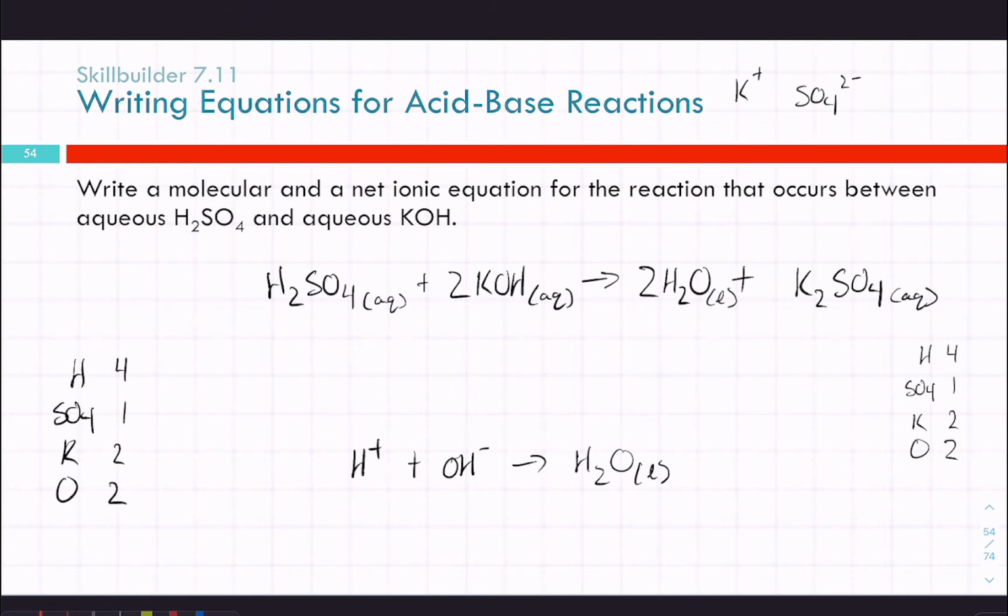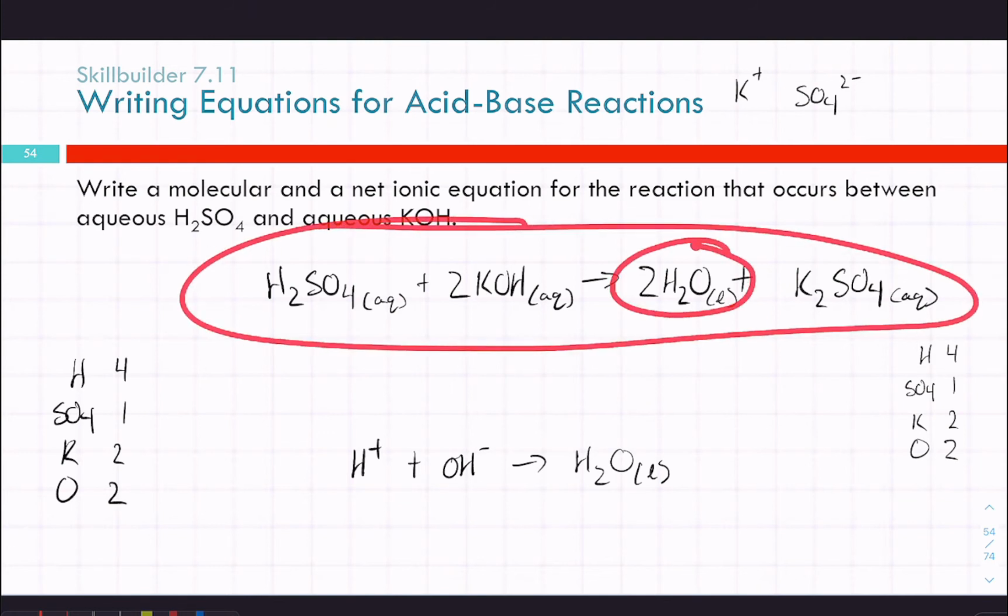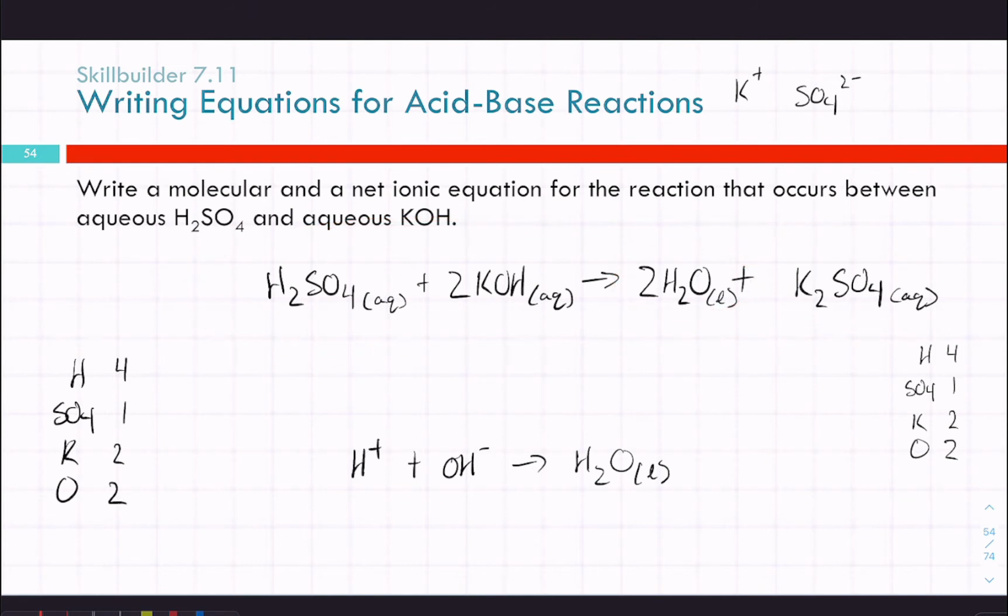So we're going to take all of these, except for water, and we're going to dissociate them into their ions, or break them apart. So it's going to be 2H plus, SO4 2 minus, plus 2K plus, 2OH minus.